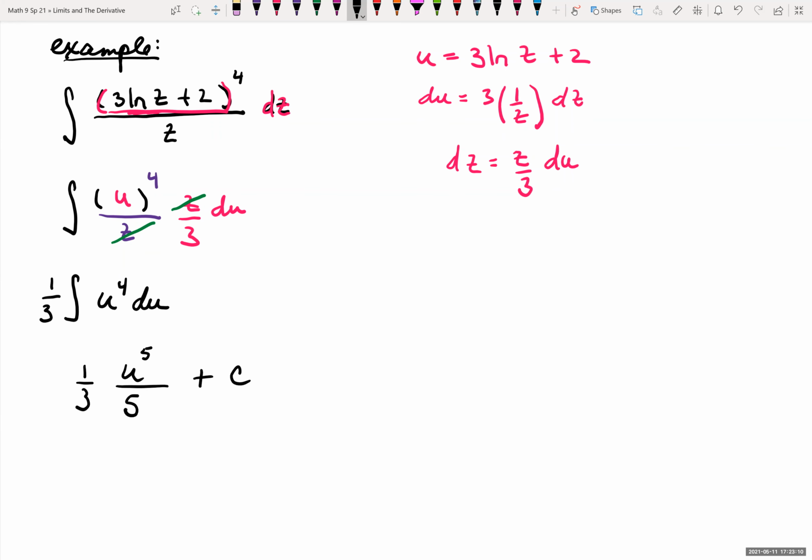We use substitution, and so we're going to go back in here and plug in what u is. So we have 3 natural log of z plus 2, all raised to the 5th power, all over, well, 3 times 5 is 15 in our denominator, plus c.